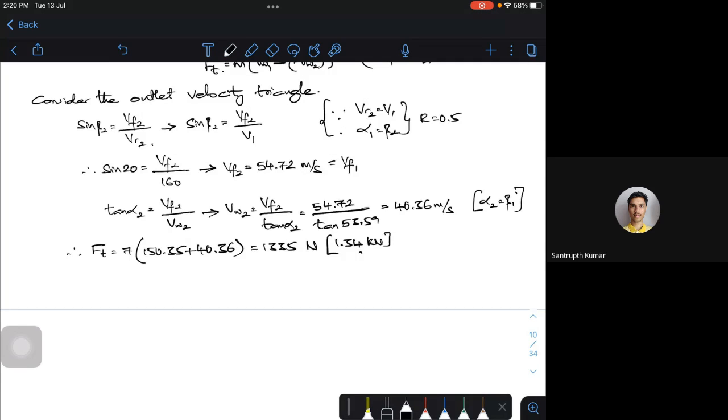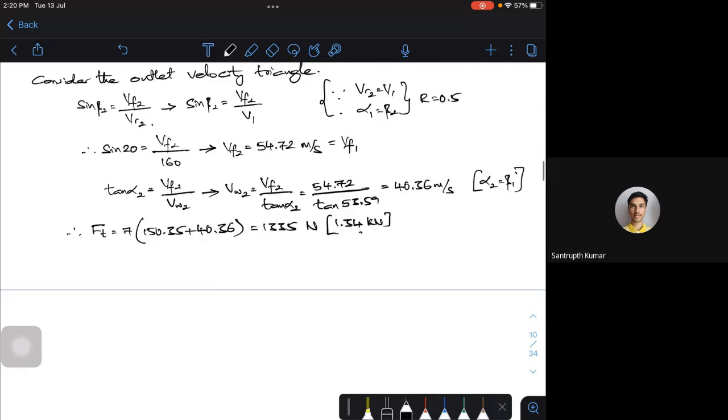So what is your power developed in that case? The third one, the power developed. The power P is equal to Ft into U, that is 1335 into 110.